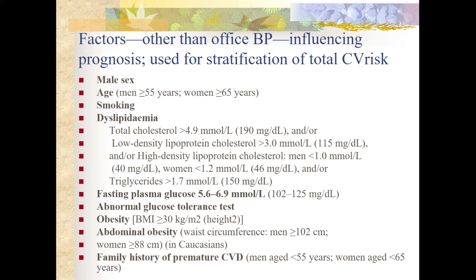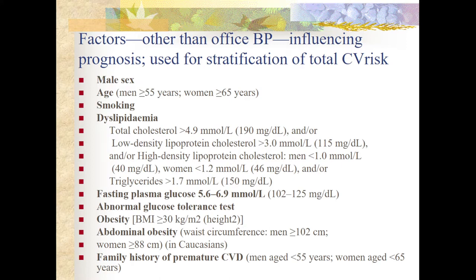Next risk factor, fasting plasma glucose of 5.6 to 6.9 millimole per liter. Abnormal glucose tolerance test. Obesity, body mass index more than or equal to 30 kilogram per meter square.